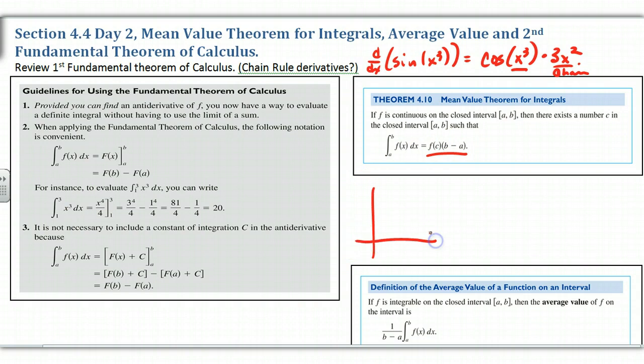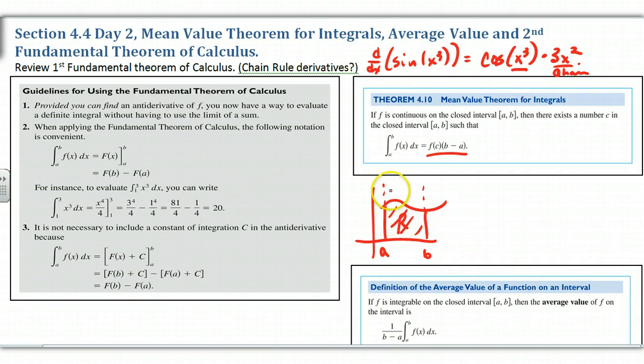So if I go to some integral, say for instance I have a curve like this, and I go from a to b. What I want to do is take this area here, let's call this r, the area of that region, and I want to squish this down. Say for instance I extend these lines, and this r is a big thing of goo.